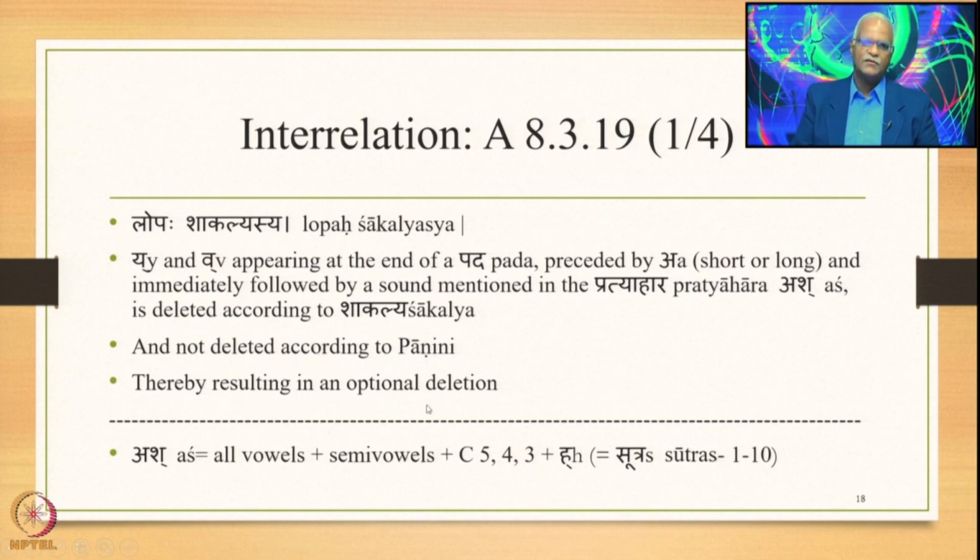Overall, this results in the optional deletion of ya and va in these environments. Just to note that the word ash stands for all vowels plus semi-vowels plus consonants 5, 4 and 3 plus consonant h. So all these are covered in the first 10 sutras in the Pratyahara Sutras.